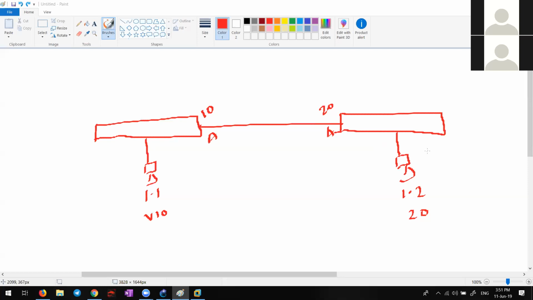Even if both of them are VLAN 10, will they communicate? No. They can give you different scenarios. Like if this is also 10, will there be communication? No. Or both are 20, no communication. Only in the case where one is 10 and the other is 20 does it communicate.